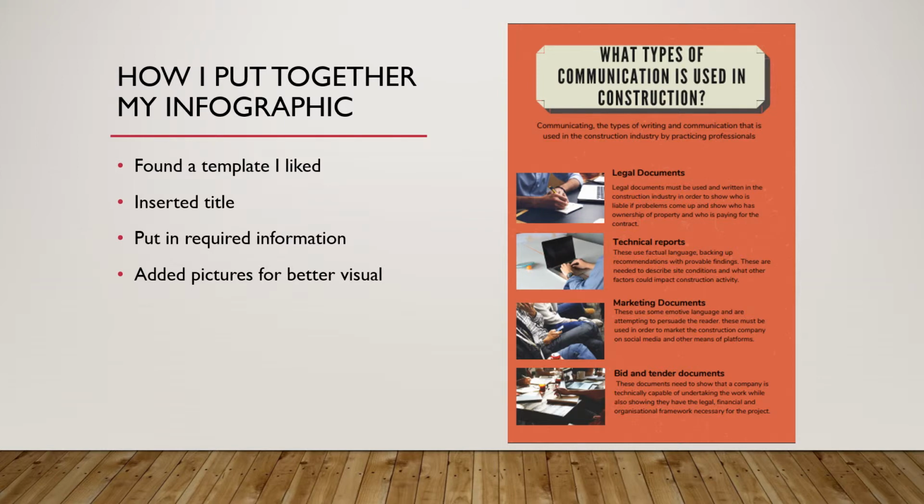So how I put together my infographic. First, as I said earlier, I went to canva.com to put my infographic together. So I found a template I liked, which was this one, because I just thought that it went very well with the construction aesthetic.